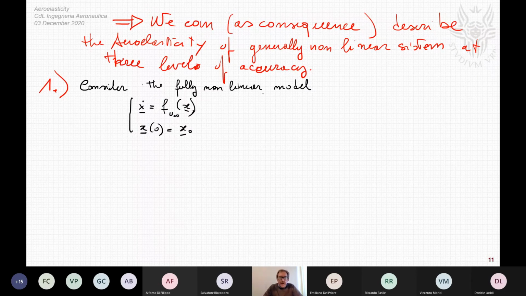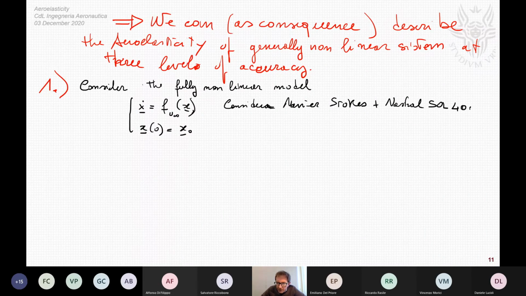Study this problem, for example, by considering the Navier-Stokes equations plus the Nastran solver SOL 400.